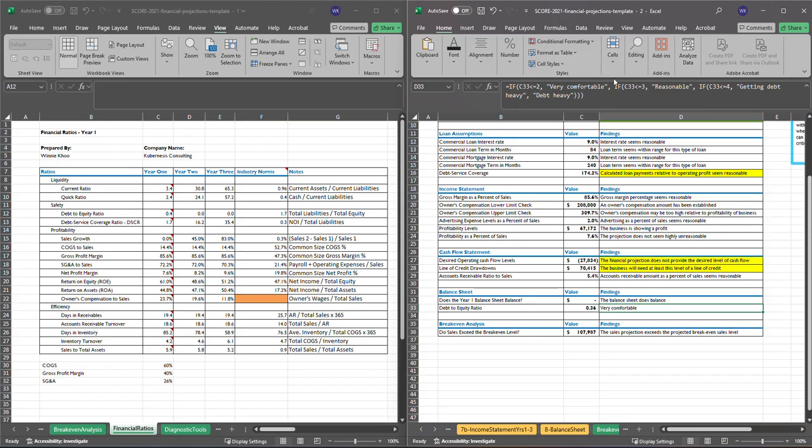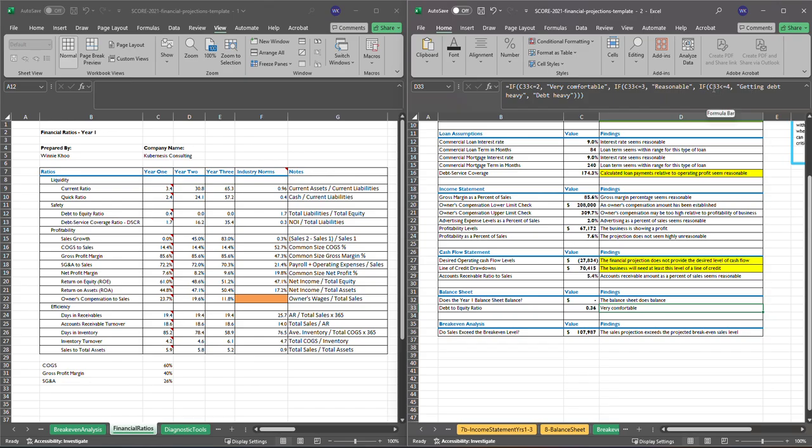If it's not, it's going to go to the next section, and the next section happens to be another if-then statement. So that's how a nested if-then statement works. Then moving on, if it's less than 3, then it is reasonable. If not, it moves to the next section.